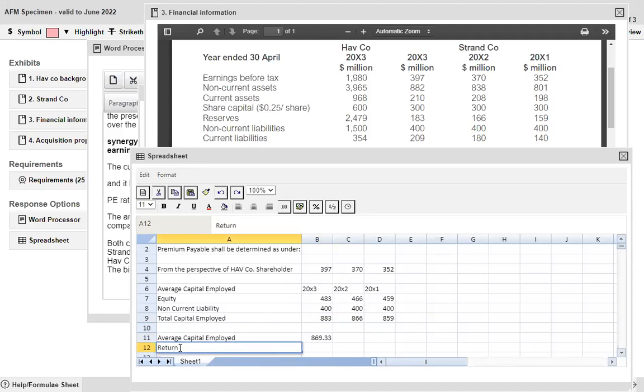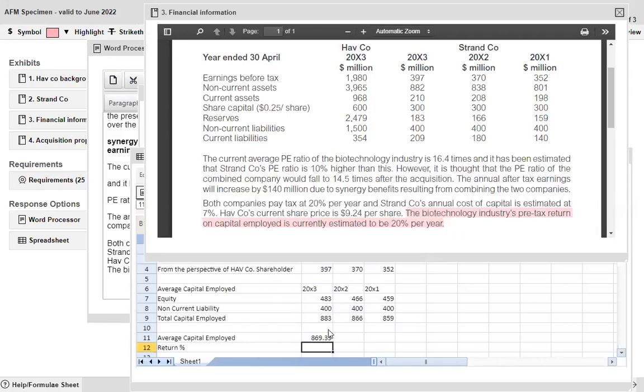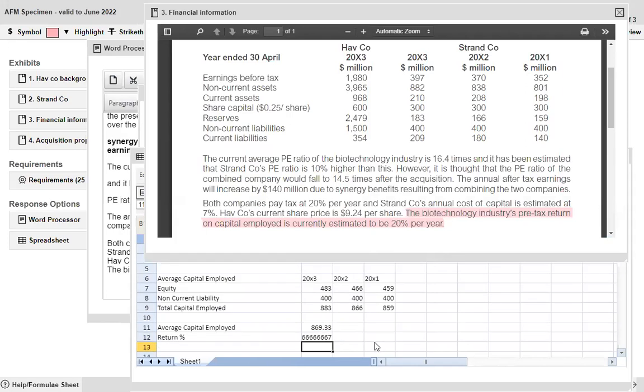So what is the return percentage? Let's talk about it. We are being told that the return percentage is 20%. So the return is going to be 20%.